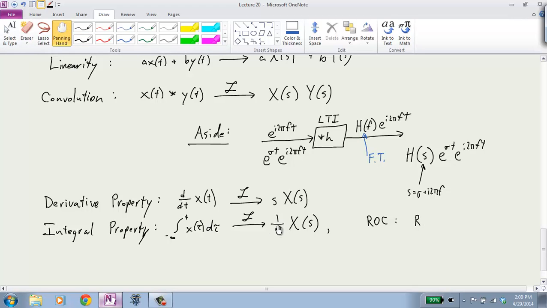This introduces a pole at s equals 0. So for the region of convergence, the real part of s must be greater than 0, intersected with the region of convergence for x of s. Okay, we'll understand that a little bit better in a moment.